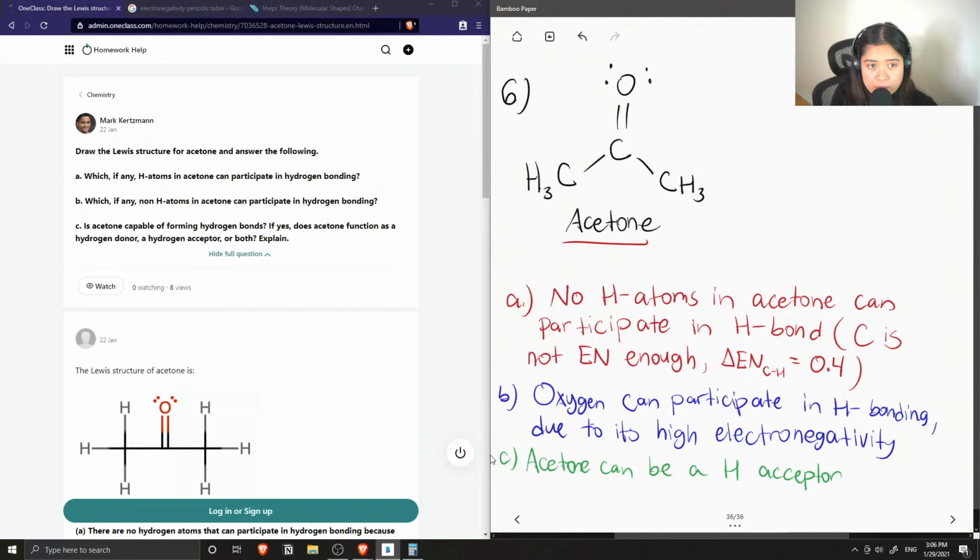Let me show why. We mentioned earlier that oxygen is more electronegative compared to the carbon. So because of its electronegativity, a dipole moment can form in the direction of oxygen, making acetone have a partially negative side and a partially positive side.